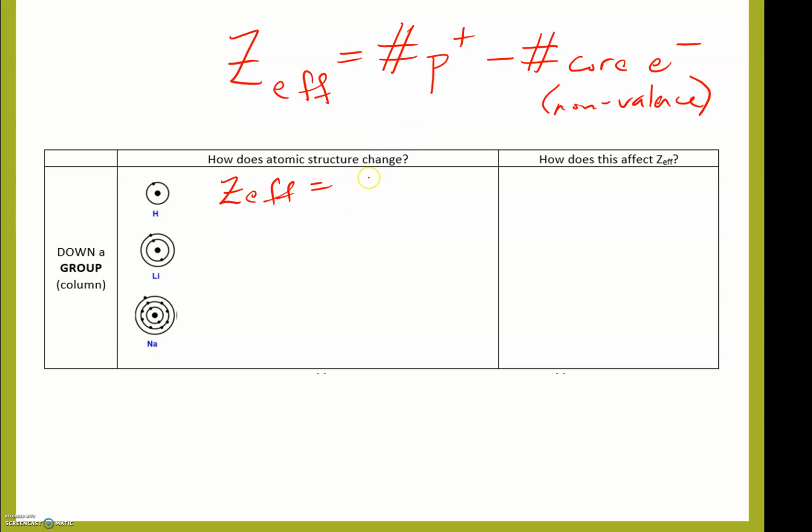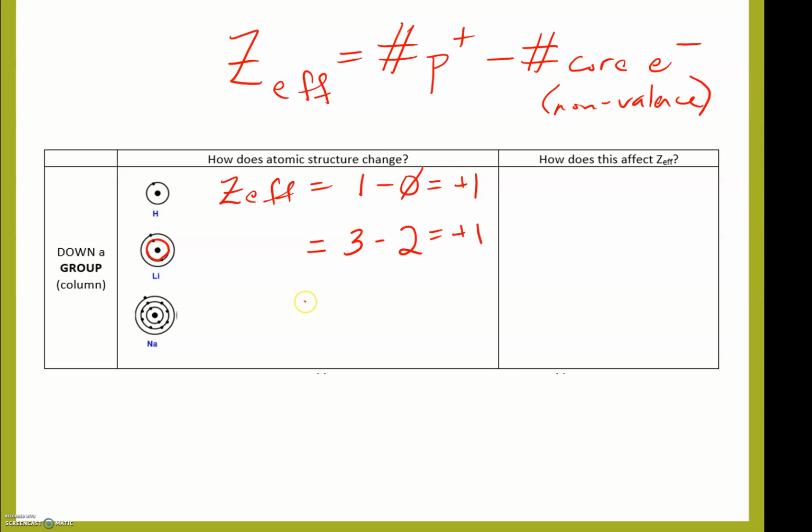So, for example, if I look at hydrogen, the effective nuclear charge for hydrogen would be, well, how many protons does hydrogen have? 1. How many non-valence electrons does hydrogen have? 0. So what's the difference? +1. It has an effective nuclear charge of +1. Let's try lithium. Lithium has an effective nuclear charge of 3 protons minus 2 core electrons, which are on this level here, equals a +1 overall effective nuclear charge.